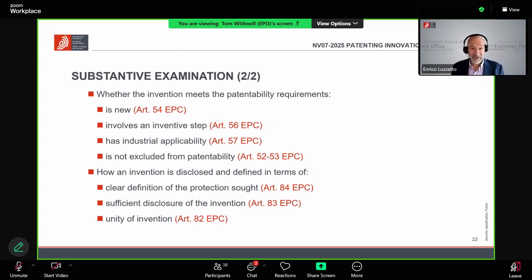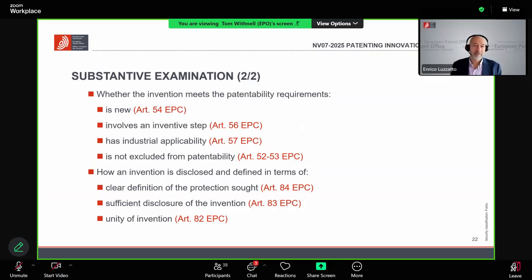And the application needs to fulfill some requirements. The claims must clearly define the subject matter for which protection is sought. The invention must be sufficiently disclosed so as to allow other parties to reproduce it, build on it and further innovate.